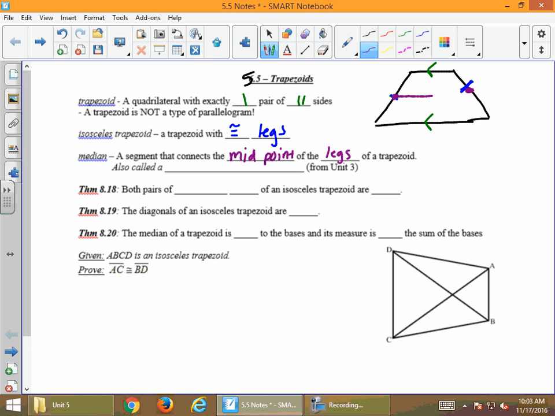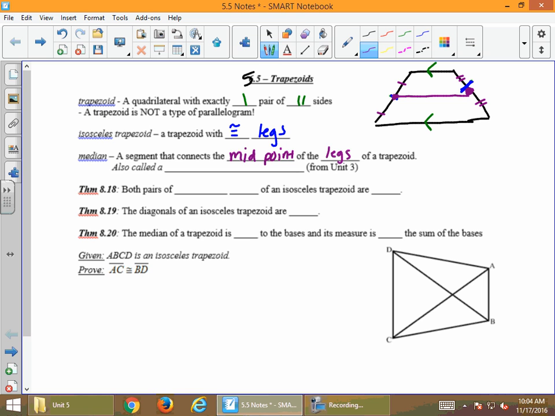The median would be that segment. If that segment is hitting those sides directly in the middle, it's cutting them in half. That means this piece and this piece are the same, and those two pieces are the same.